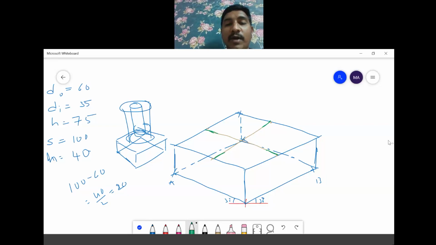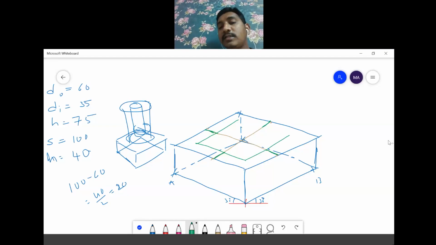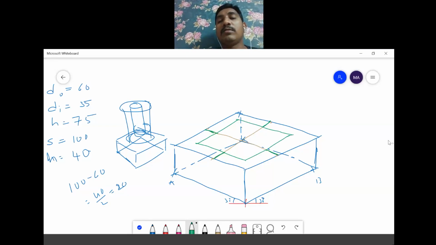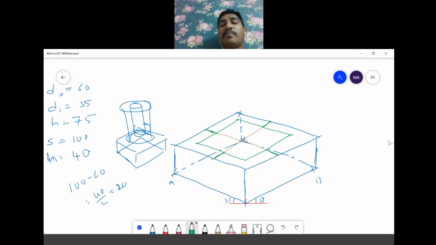So I am drawing parallel lines again here. By reducing 20 mm, I'm drawing parallel lines to each side. So I will form another square, okay, which is of a side 60 mm.